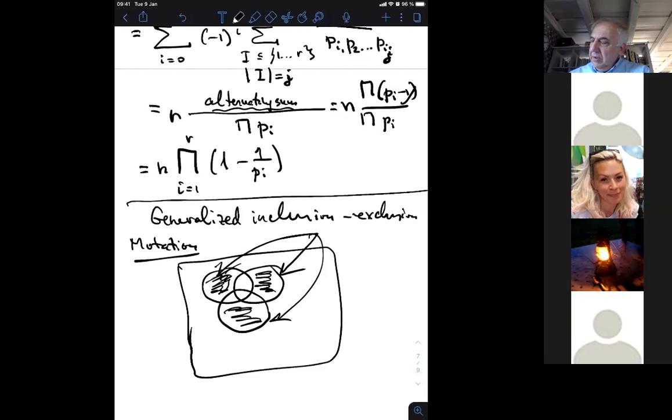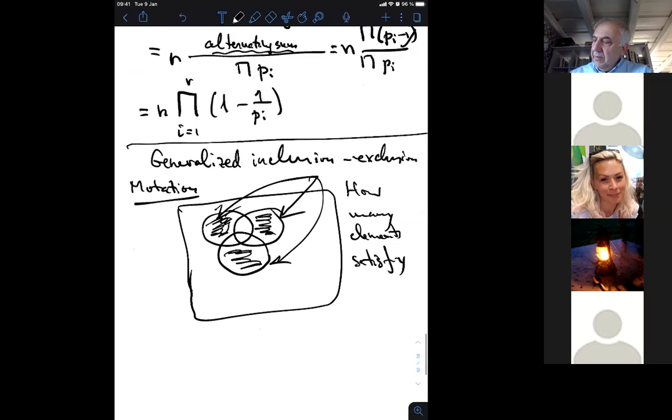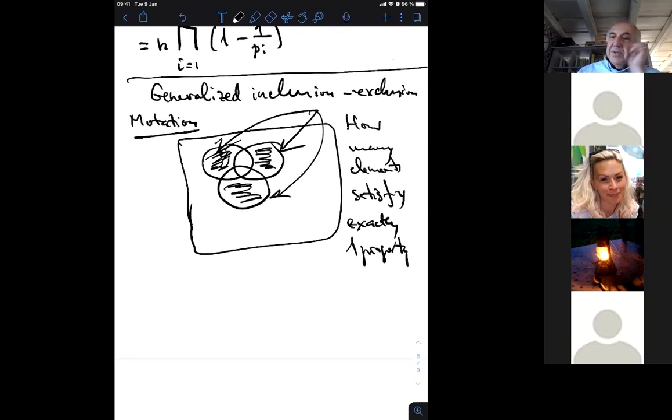So how many elements belong to exactly one of our sets, satisfy exactly one property? This would be our goal for this hour, plus some illustrations of this thing. So let's do again a particular example.